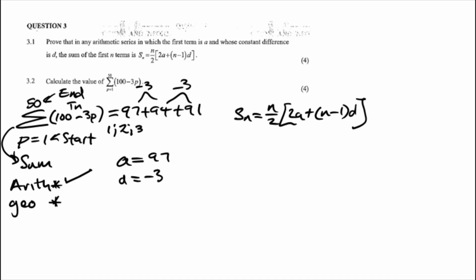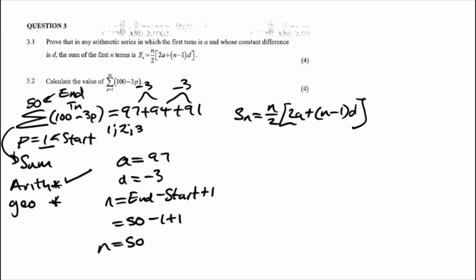Now with sigma notation, it's very important that you know the number of terms is different. Now this doesn't represent the number of terms because this can always change. So we have to say end minus start plus 1. So our end is 50 minus our start is 1 plus 1, which is equal to 50. So n is equal to 50.